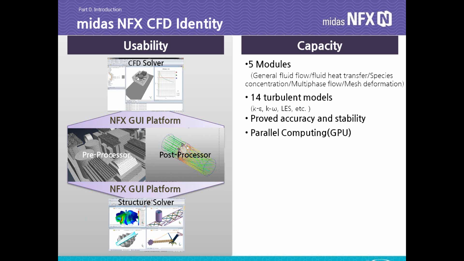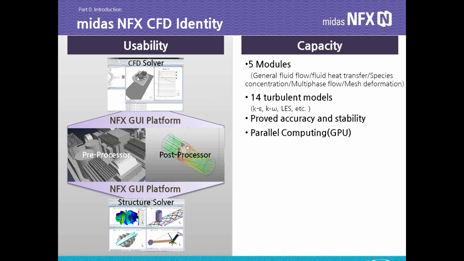Moreover, regarding the capacity for CFD, NFX includes 5 modules: general fluid flow, fluid and heat transfer, which will be the topic of today, species concentration analysis, then multi-phase flow, and we can use mesh deformation as well. We have 14 turbulence models to really model the turbulence. We have proven accuracy and stability, with a lot of benchmarks to be sure that the results you get are the correct results.